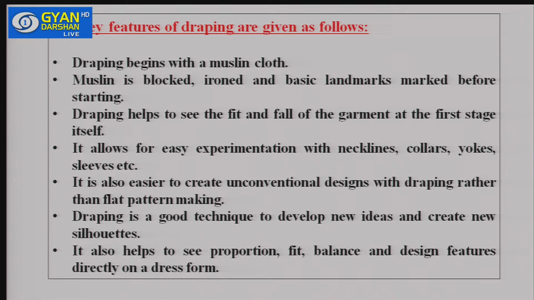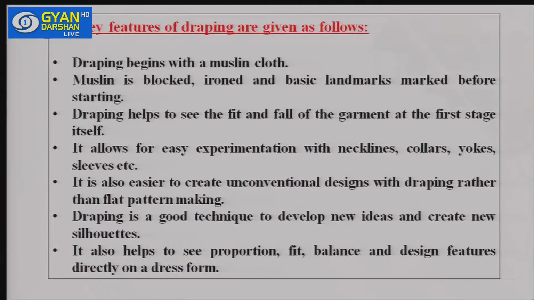Before putting the fabric on the dress form, we take the muslin cloth, block it, do the ironing, and mark the basic landmarks on that fabric before putting it on the dress form.